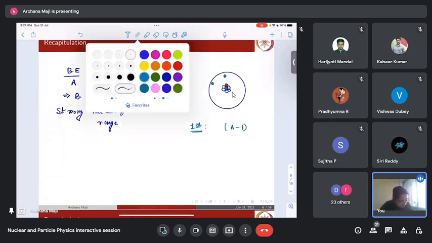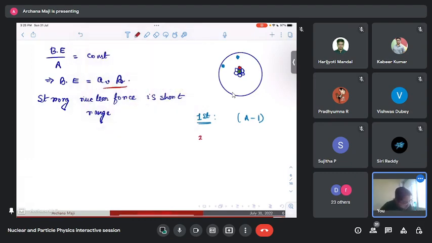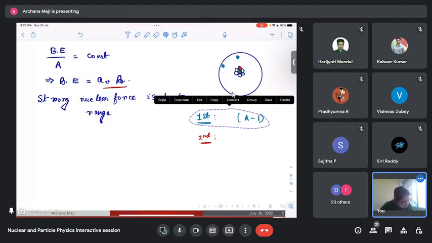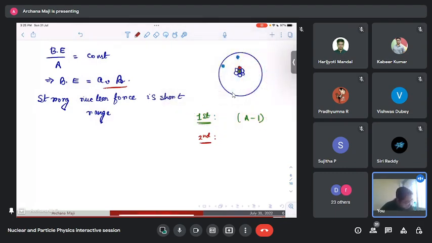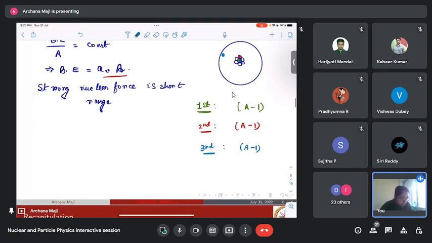Then suppose this red nucleon is the second one, then that will also interact with A minus 1 other nucleons if it was long range and not short range. Likewise, suppose this is the third nucleon, that will also interact with A minus 1 other nucleons. So ultimately A number of nucleons all are interacting with A minus 1 other nucleons. So binding energy would have been proportional to A times A minus 1.